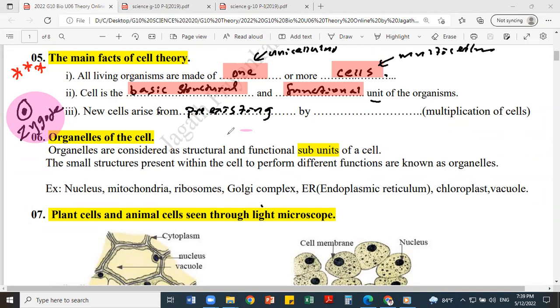That means existing cells divide to produce new cells. You can't say a cell is coming like magic from some other planet. Whatever cell is produced comes from the previous cell due to cell division. So I'll write here: new cells arise from pre-existing cells by cell division.